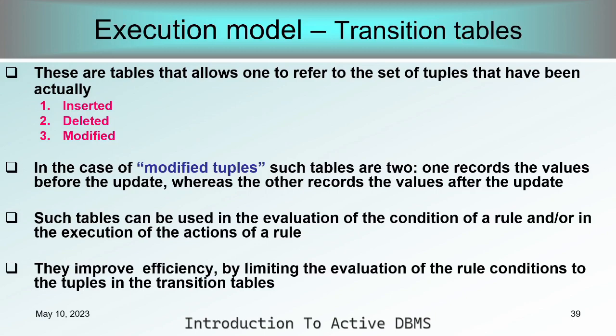Such tables can be used for evaluating the condition of a rule, and you can also perform the execution of the action of the rule. When you do it on a transition table, this improves efficiency. It also limits the evaluation of the rule condition to the tuples in the transition table. So it becomes a safer option for executing your active rules on an active DBMS.